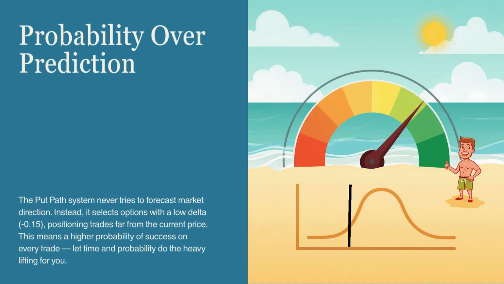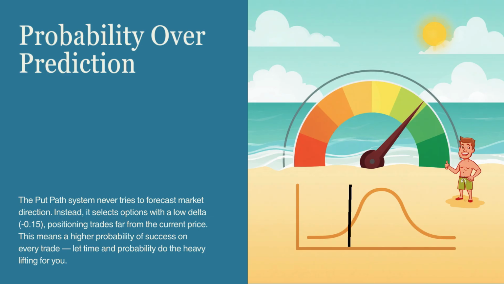Our positions are far out of the money. We shoot for the 15 delta, which basically means there's a 15% chance that you'll lose on the trade. Positioning the strike price far away from the current market price allows you to benefit in the majority of market conditions up to 1 standard deviation of normal price fluctuations.